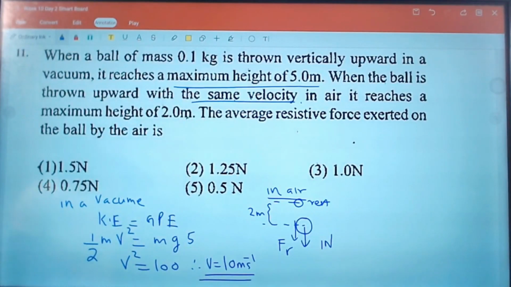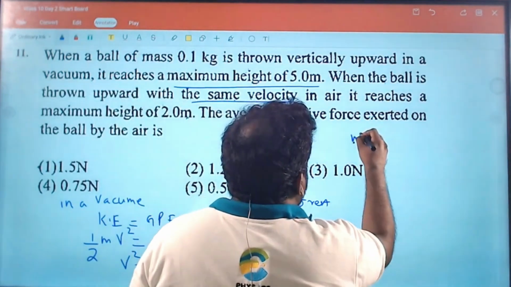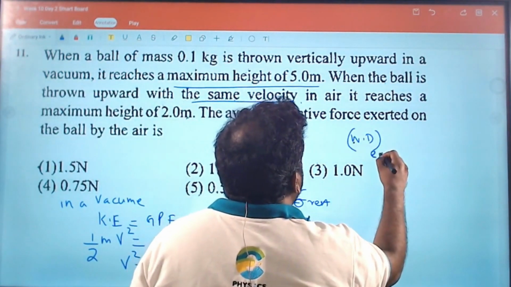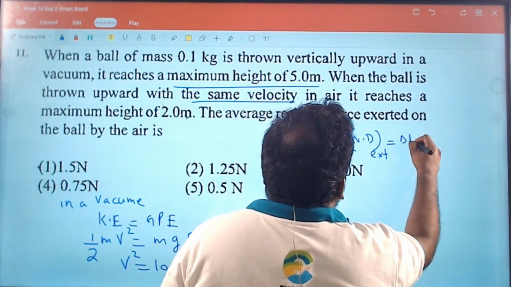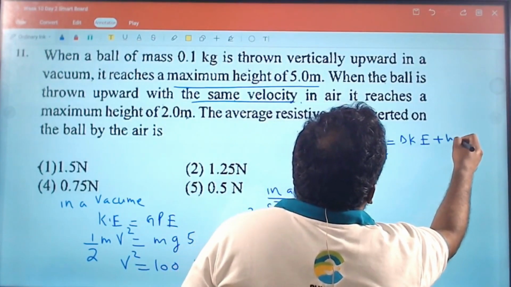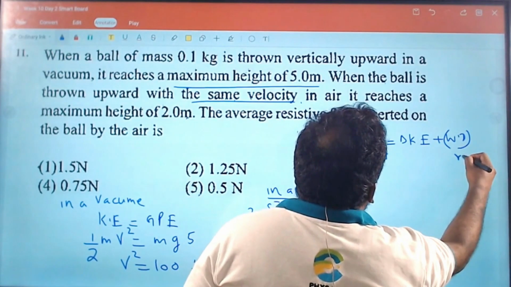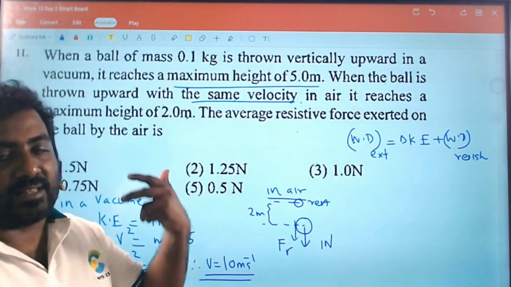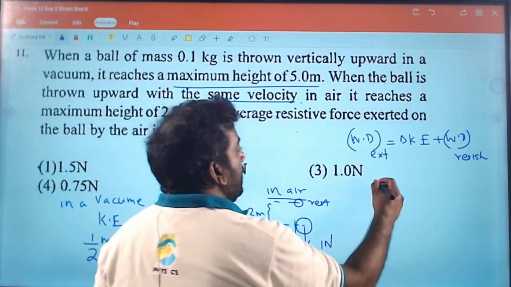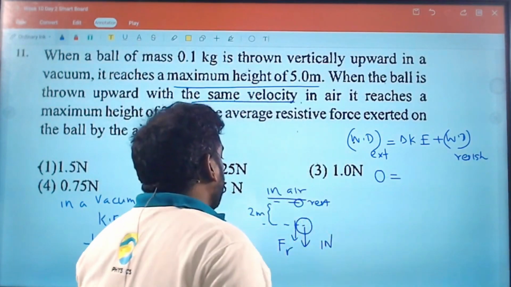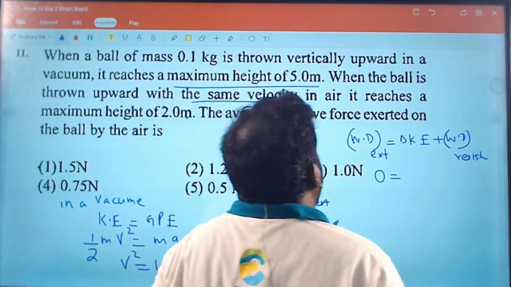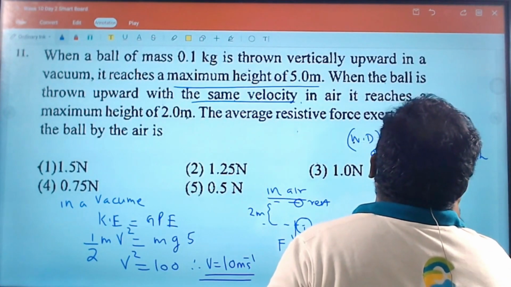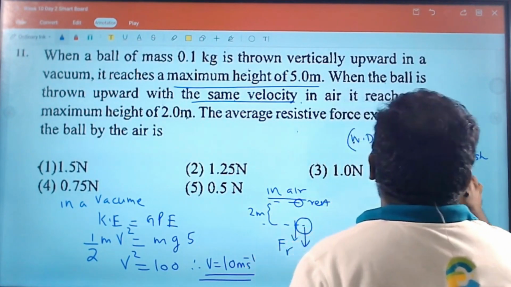What are they asking? Average resistive force. So work done by external force equals increase in kinetic energy plus work done by resistive forces. There is no external force pushing this up, so no external work done. Increase in kinetic energy will be a loss: final kinetic energy minus initial kinetic energy, half mv square.